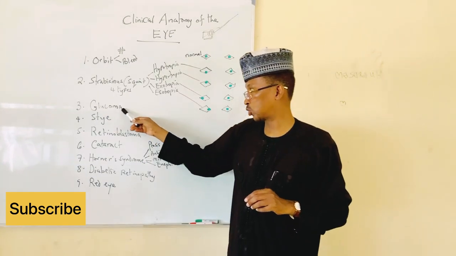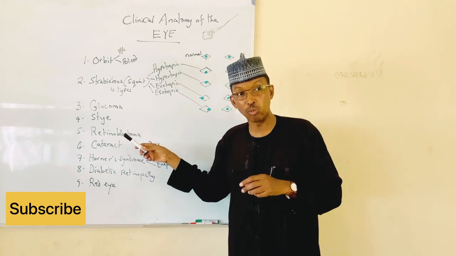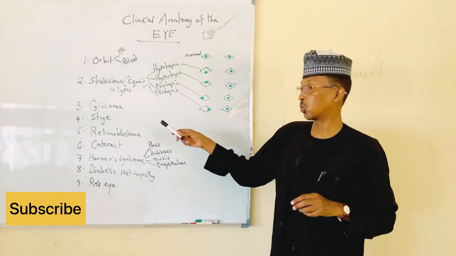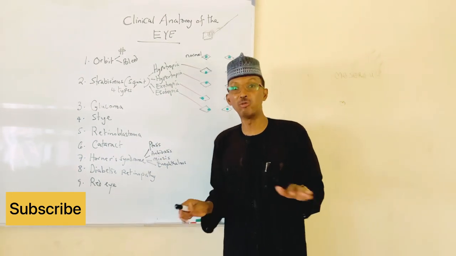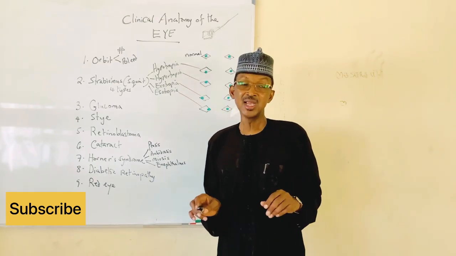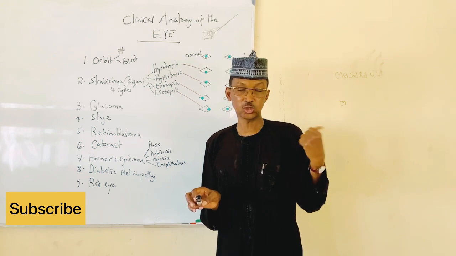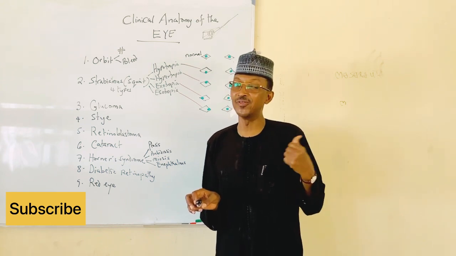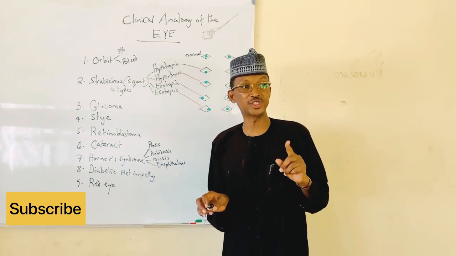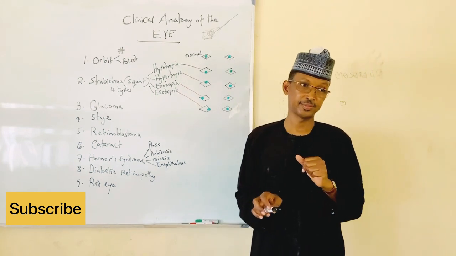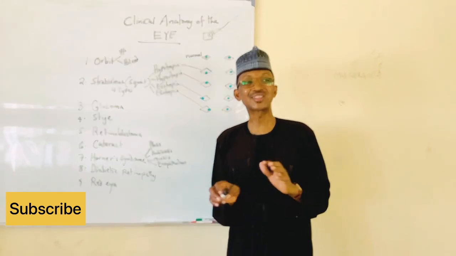The other condition that can affect the eyeball is what we call glaucoma. Glaucoma is now becoming very rampant in our society. That is why I urge you, if you have a chance, go to the clinic so that they can check your eyes. It's very common. One major problem with glaucoma is that it doesn't give notice. It just comes suddenly.